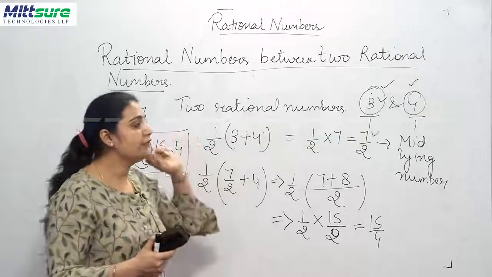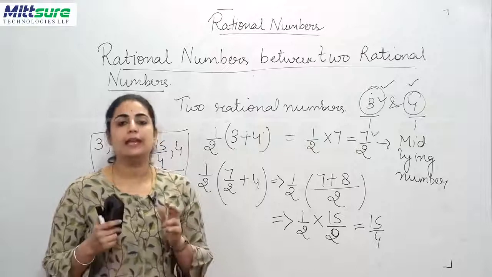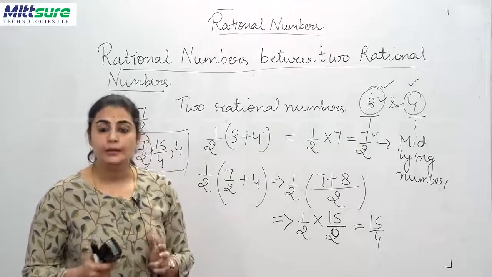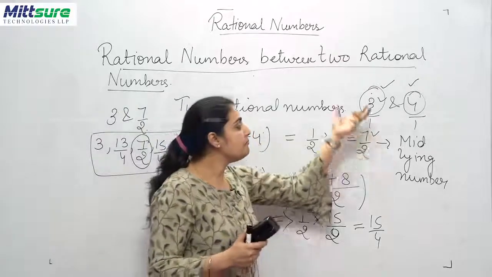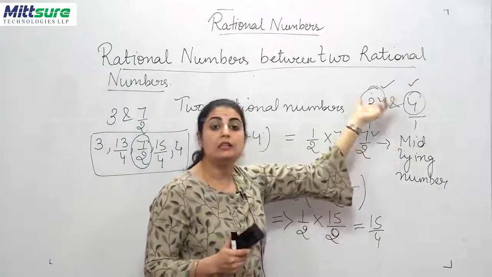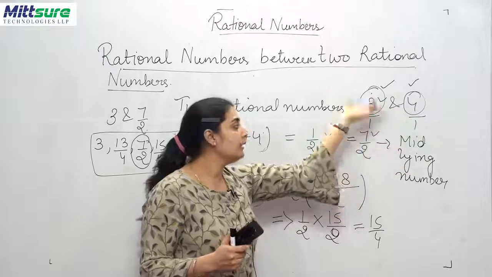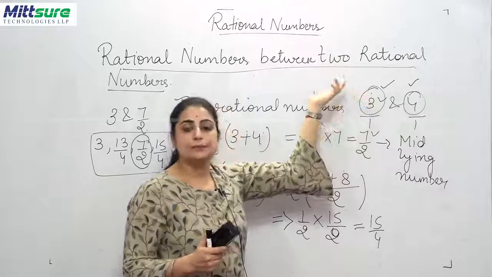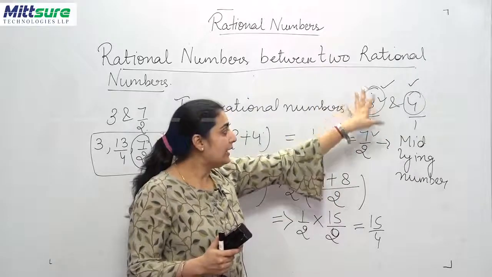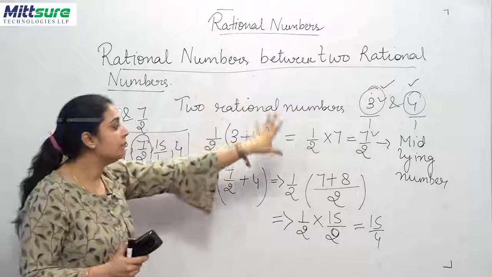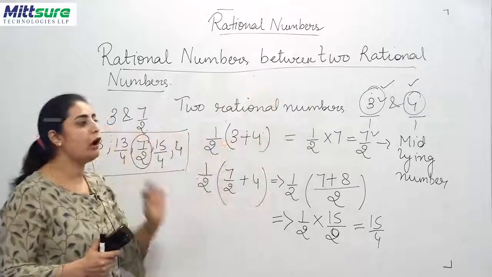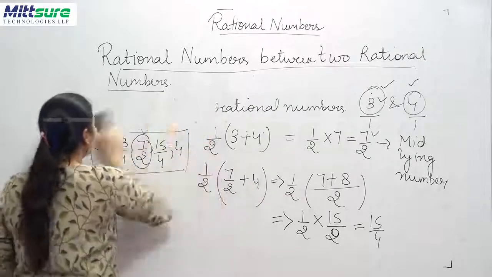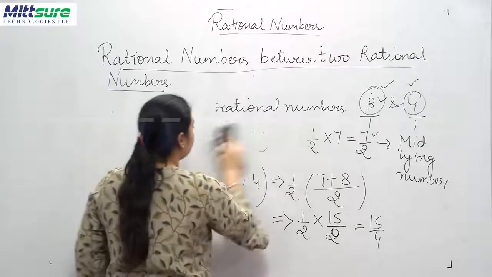Certainly, when we talk of rational numbers, we know that they exist in the form of fractions, that is P upon Q. There will be many numbers present between 3 and 4, which can be found using the formula of midline numbers.